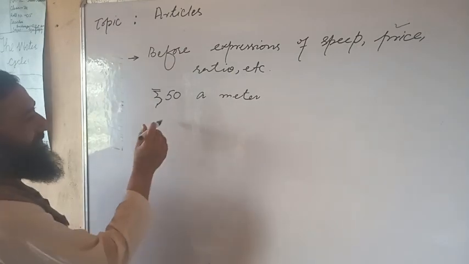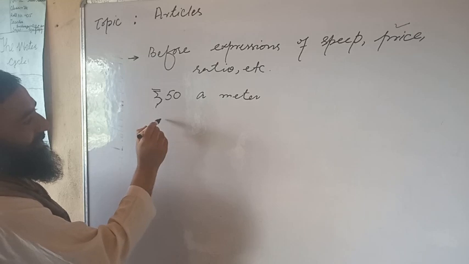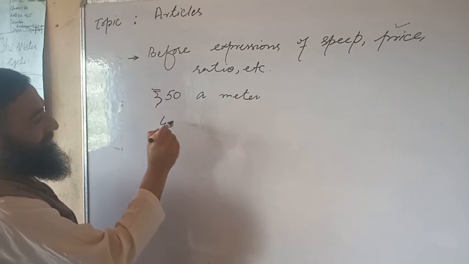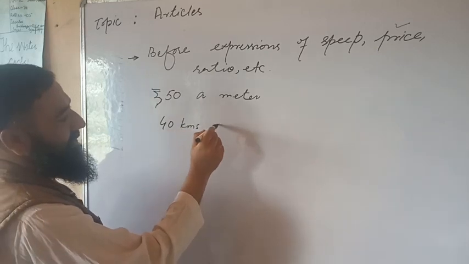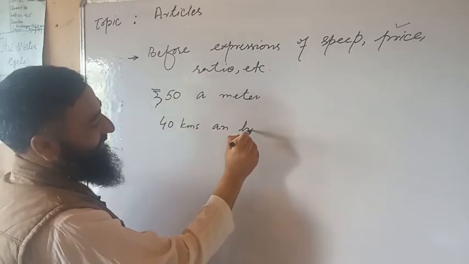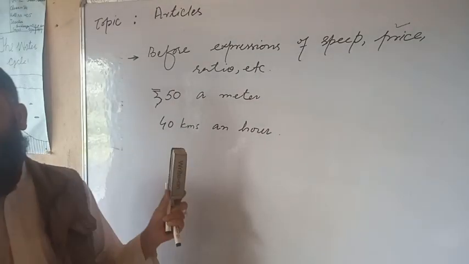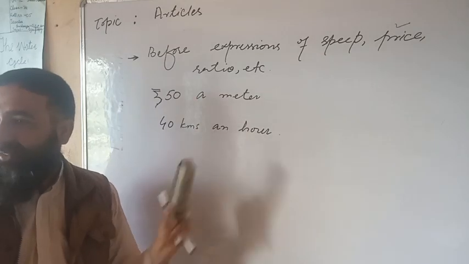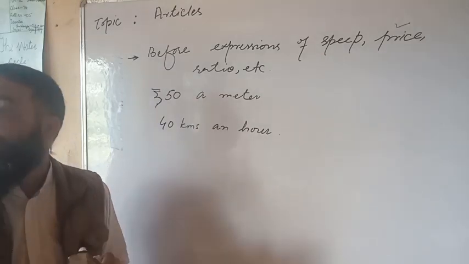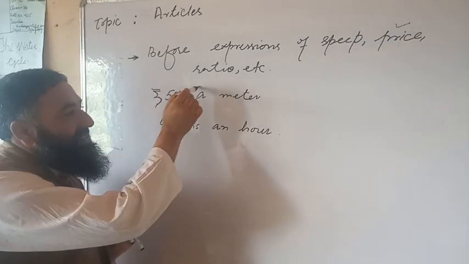And in the same way, forty kilometers an hour. As you have already learnt, a and an have no difference in terms of meaning, but in terms of sound there is a difference.